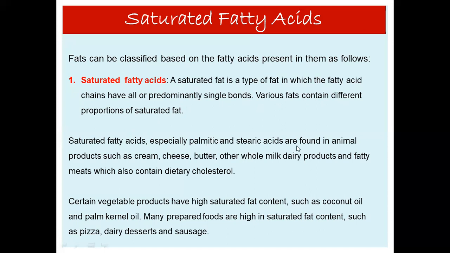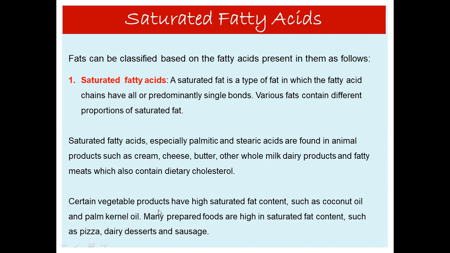Palmitic acid and stearic acid are found in animal products such as cream, cheese, butter, other whole milk dairy products, and fatty meats, which also contain dietary cholesterol. All these are rich in this particular type of saturated fatty acids. The two examples are palmitic acid and stearic acid.